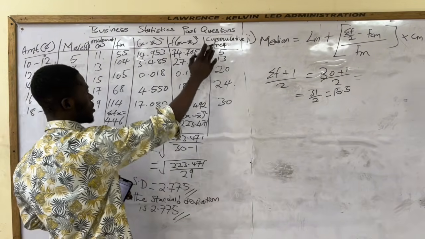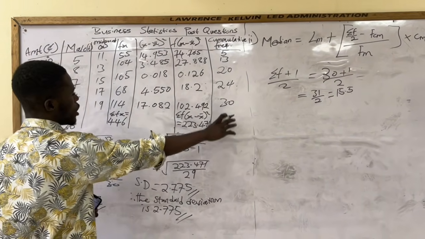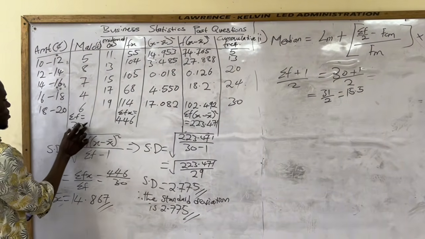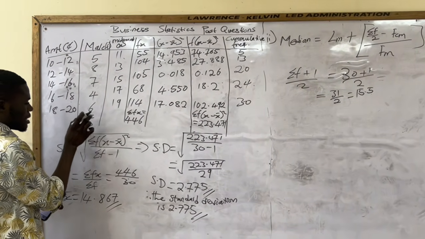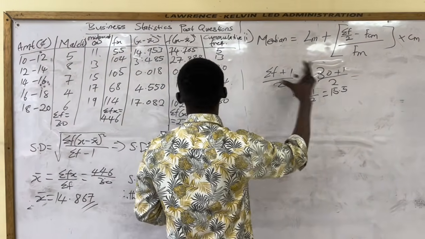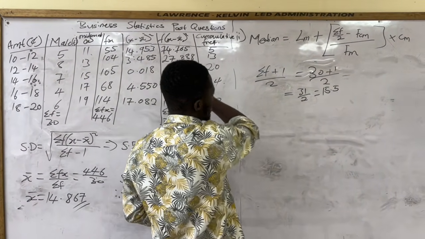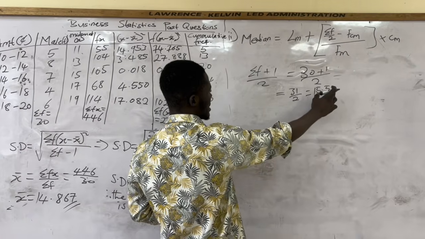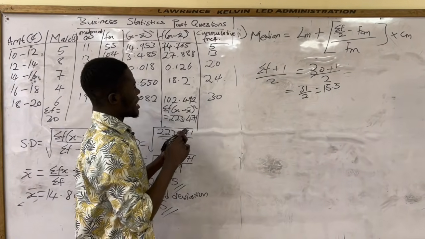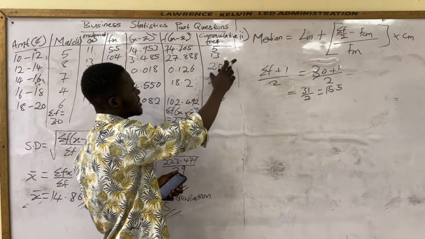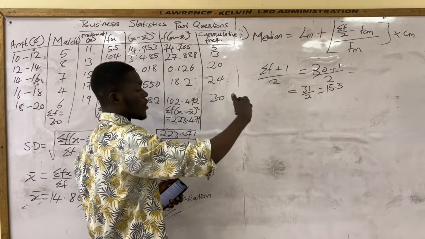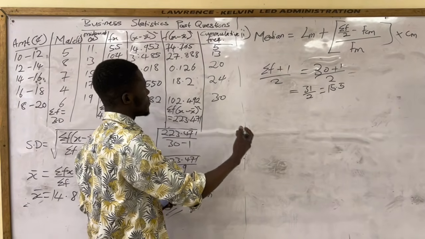So always when you are doing the cumulative frequency, your last class cumulative frequency will be the same as your sigma F. Okay, so now let's look at the median class. The median class position is 15.5. You check the cumulative frequency that is the same as 15.5 or greater than 15.5.